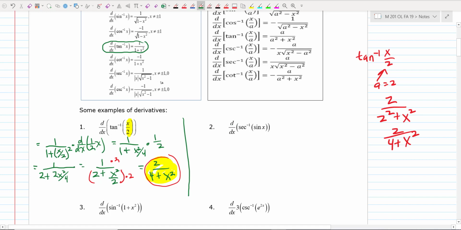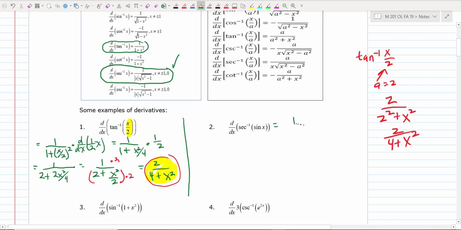Okay, secant. So let's just refer to this secant formula right here: 1 over the absolute value of x times the square root of x squared minus 1. And x cannot be equal to -1, 1, or 0 because you have some places where you're undefined. So we just do exactly what the formula tells us to do.